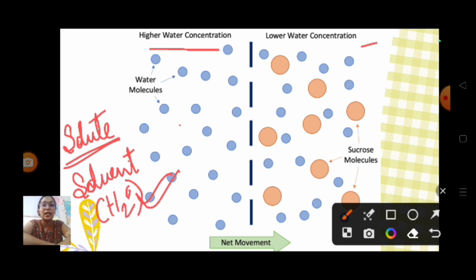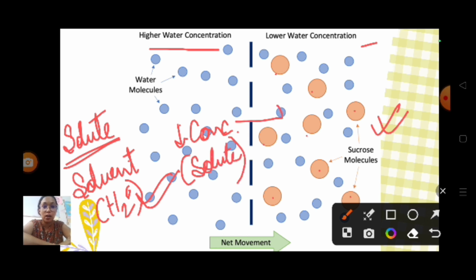Here solute is less, means no solute is there, but in this case you can see many solutes. So what did I say? In case of osmosis, it is moving from low concentration of solute, where there is no solute here, to a higher concentration of solute.